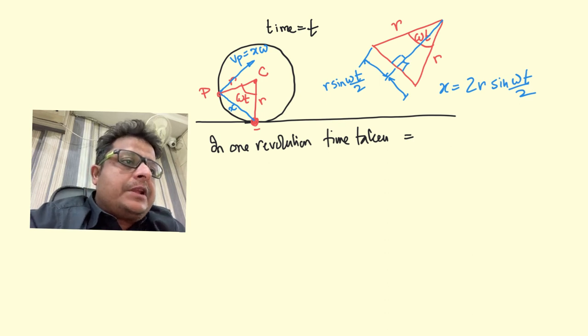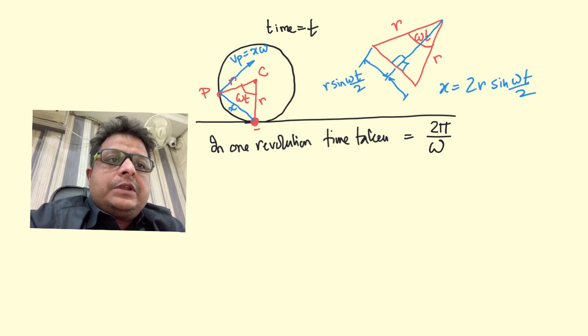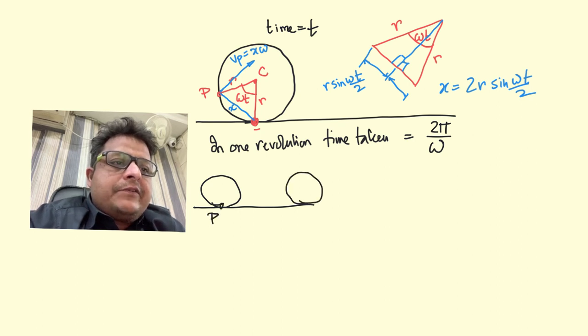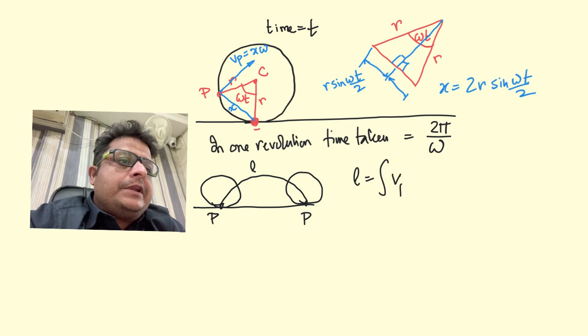So the time taken is 2 pi by the angular speed omega. Now the distance covered by point P in one revolution, that means the length of the cycloid L, is obviously the integral of Vp dt from 0 to the time 2 pi by omega.